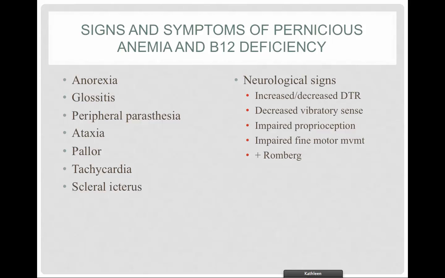And I did want to explain a little. Pernicious anemia is the most common cause of vitamin B12 deficiency. It's an autoimmune disease characterized by the presence of autoantibodies to the parietal cells in the stomach and to the secretory product called intrinsic factor.